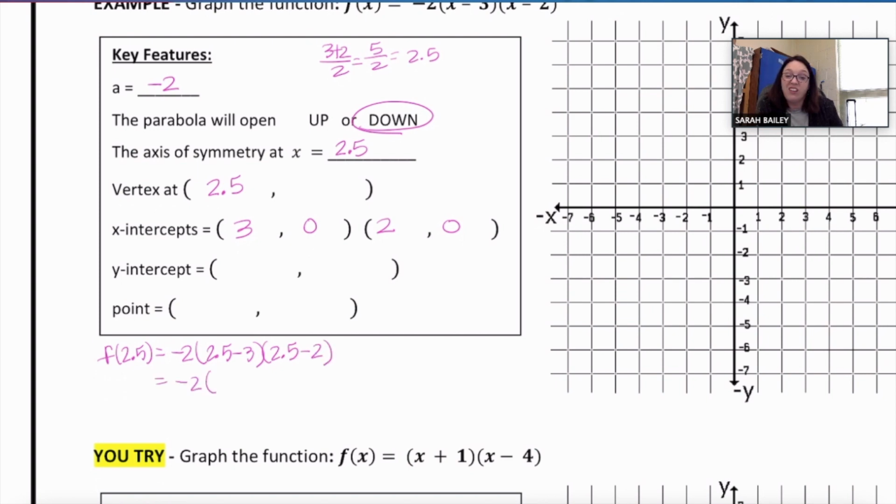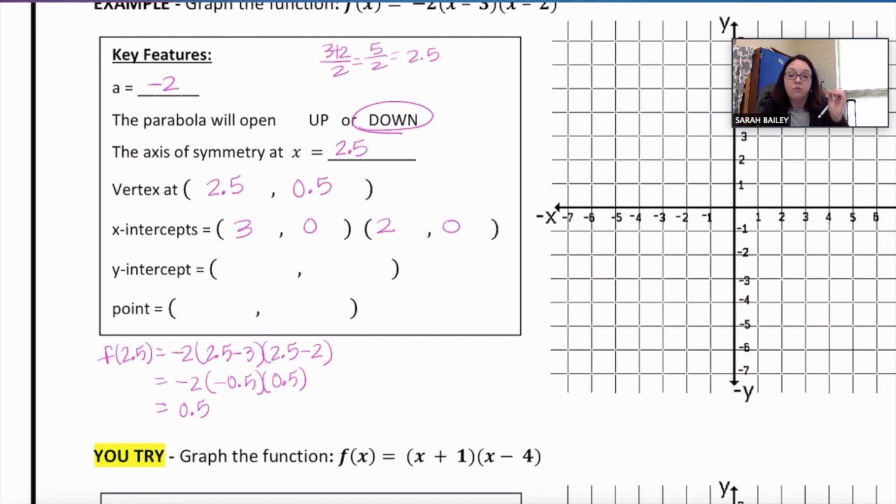Well, 2.5 minus 3 is negative 0.5, and 2.5 minus 2 is positive 0.5. So negative 2 times negative 0.5 would be positive 1, and positive 1 times 0.5 is 0.5. So the y-coordinate there would be 0.5.